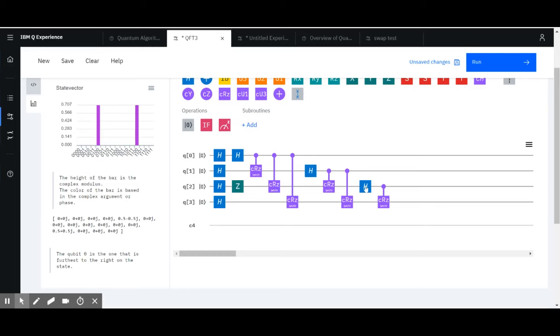And when you do that, you're getting 0.5 real, 0.5 complex, 0.5 real, 0.5 complex.